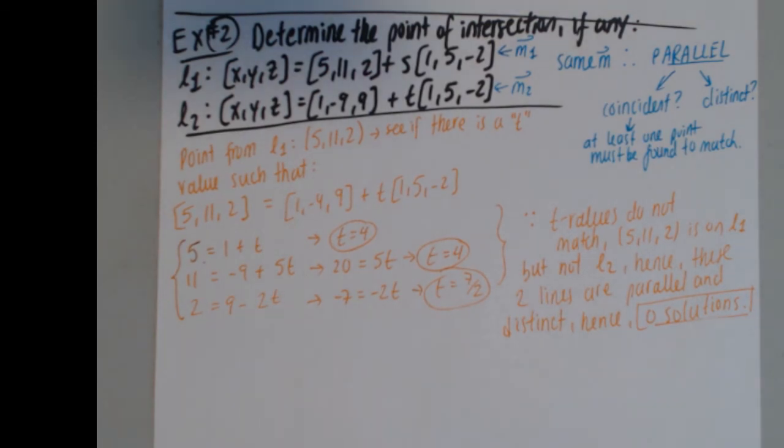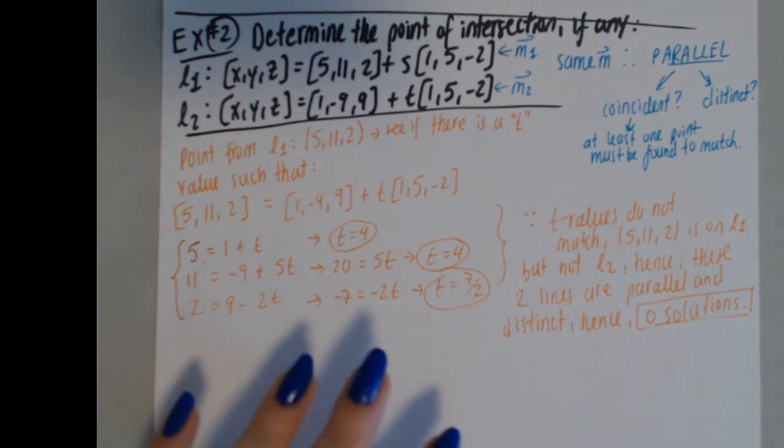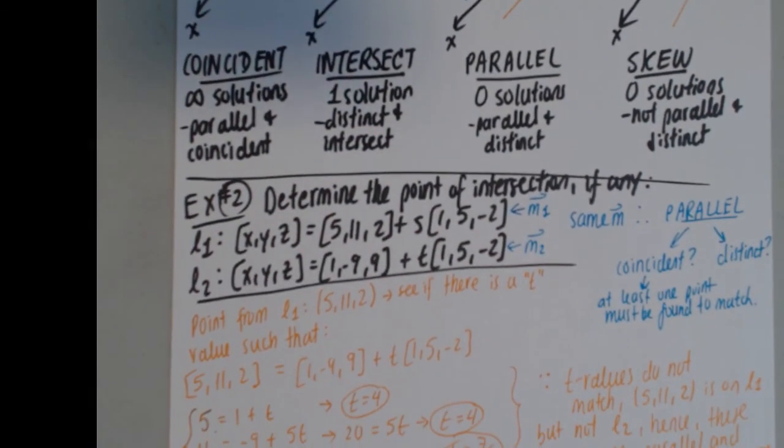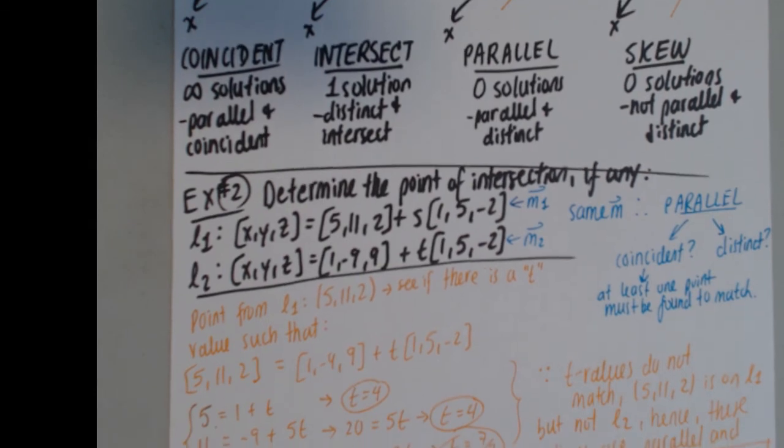All right, moving on to another example, example 3. Actually, sorry, in example 2, we also had to find the point of intersection. Let's go back and do that. Well, there's no point of intersection, so we should formally state that.